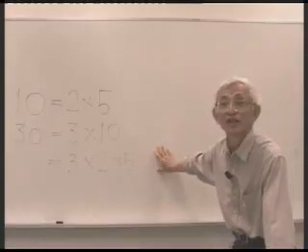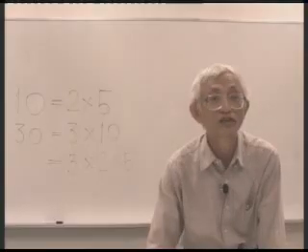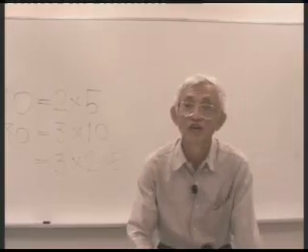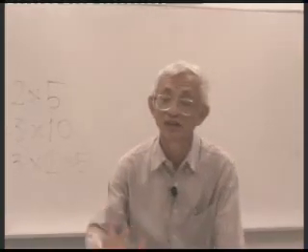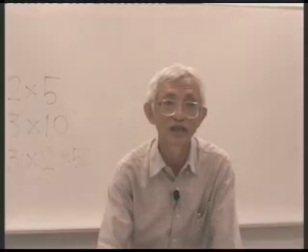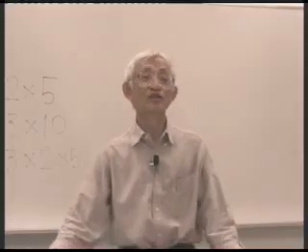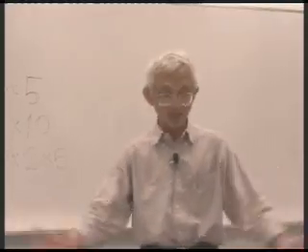So this is something very useful. I repeat that again. It means that if you have a number which is divisible by 2, then a multiple of that number is also divisible by 2. This is very useful. Now I can proceed further.